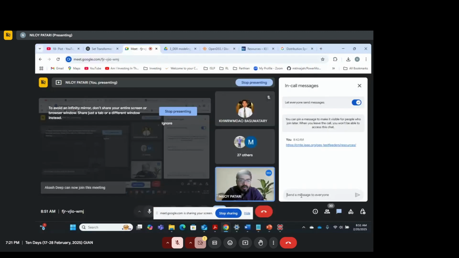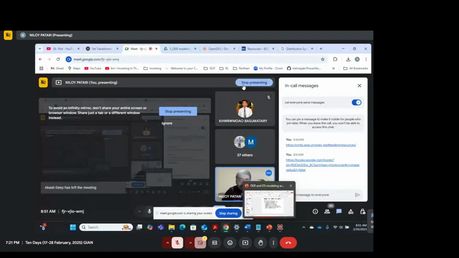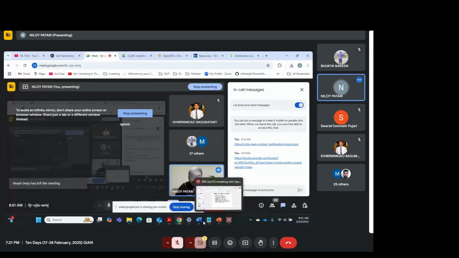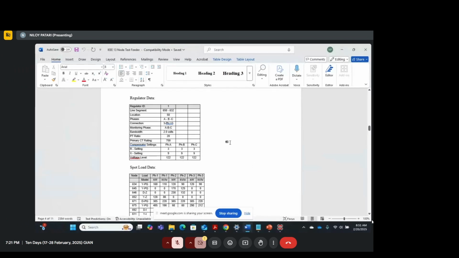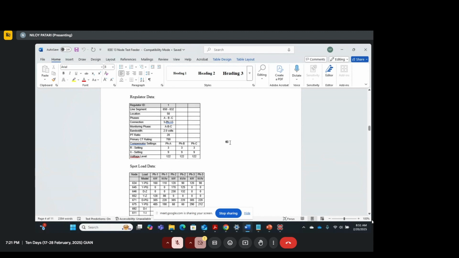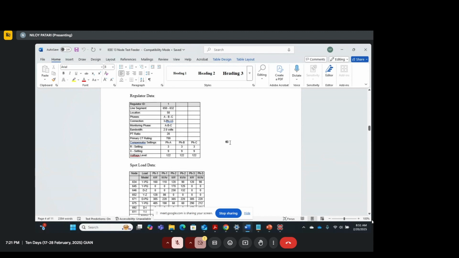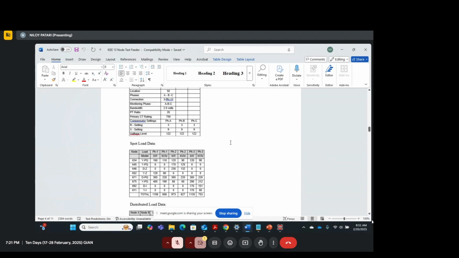Now, what each of these conductor configurations mean, or how these regulator configurations, CT/PT compensator look like, what does this mean? All of these are explained, as well as how to model a distribution system properly. Everything is written there.